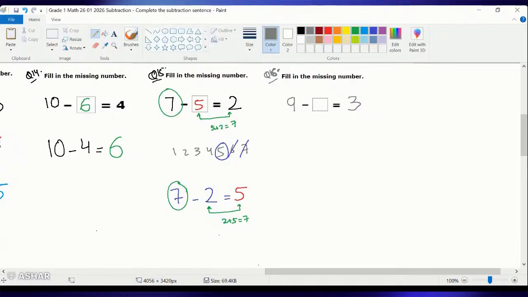So what do we subtract from 9 to make it 3? The easier way is to go the other way around. We can say 9 minus 3 would be equal to the missing value, right? So what is 9 minus 3?